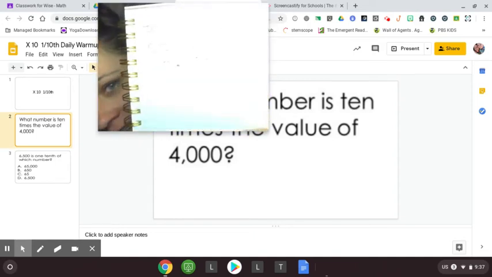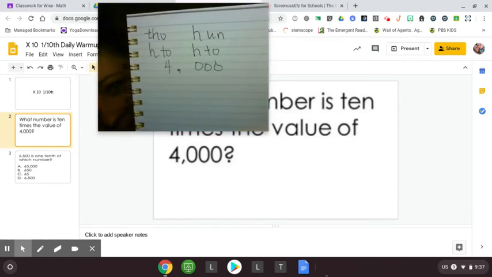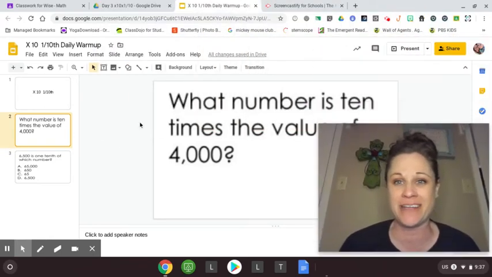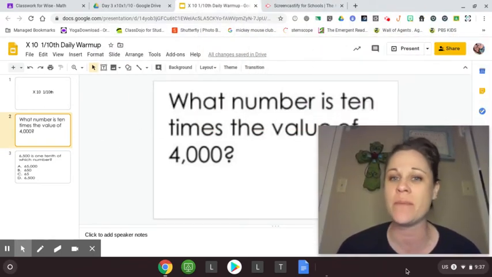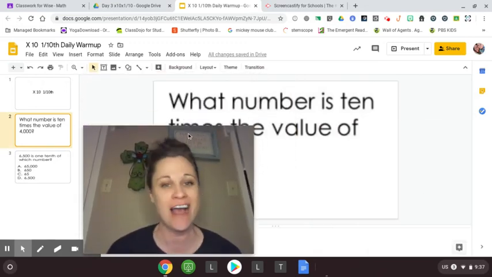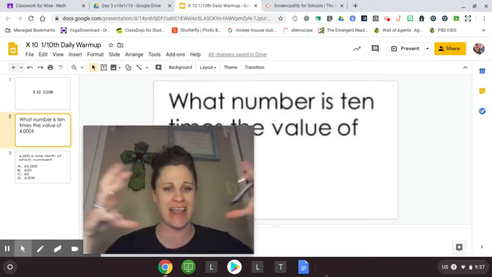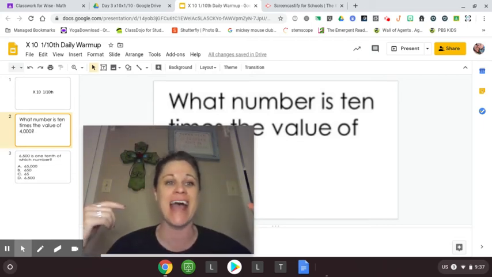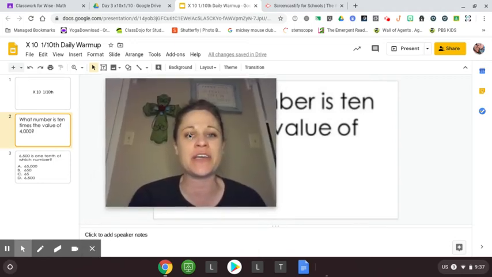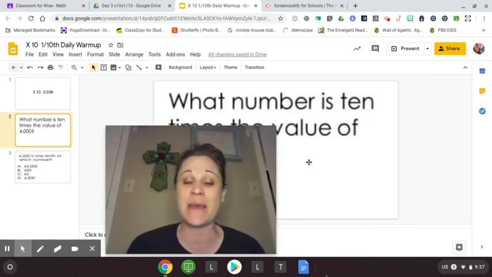The thing y'all don't like to use, but come on, you can do it. 4,000. Okay? It says, what number is 10 times the value of 4,000? So remember, if we're doing 10 times, our number is getting bigger. If we're doing a tenth of, the number is getting smaller. So this time we're going to go 10 times, and we're going to make it bigger.